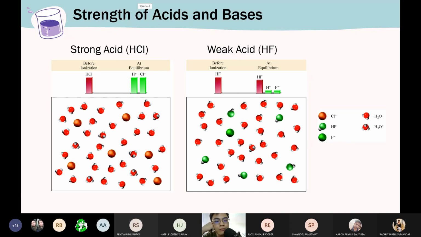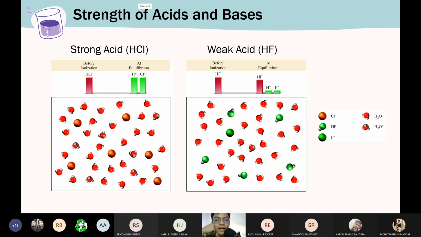Another thing to keep in mind is that for strong acids, the dissociation is complete. It fully dissociates into ions. So let's say you have HCl. When it reaches equilibrium, all of it is dissociated into ions. So we have no equilibrium system. All of it became product.